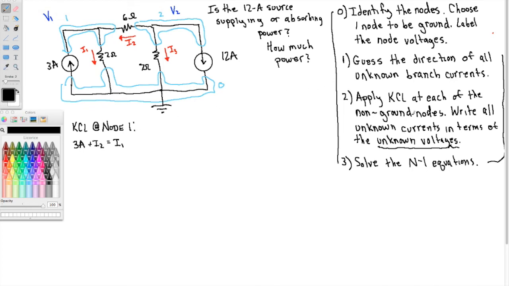But I want to write all of those unknown currents in terms of the unknown voltages. So I2 is V2 minus V1 over 6 ohms. V2 minus V1 over 6 ohms equals I1. And I1 is V1 minus 0 over 2 ohms.